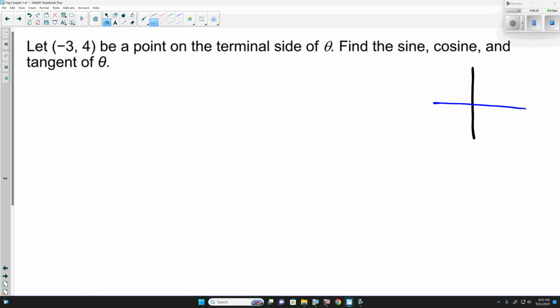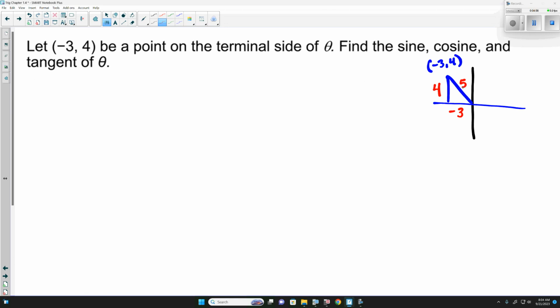So we're negative 3 on the x, 4 on the y, and I make my triangle, because this is where this point is located. It's telling me the x distance is negative 3, the y distance is 4, and we need to find the hypotenuse. Does anybody have a guess at what the hypotenuse is? 5. Because this is a 3, 4, 5 right triangle.